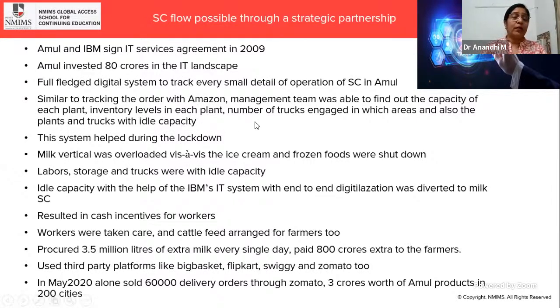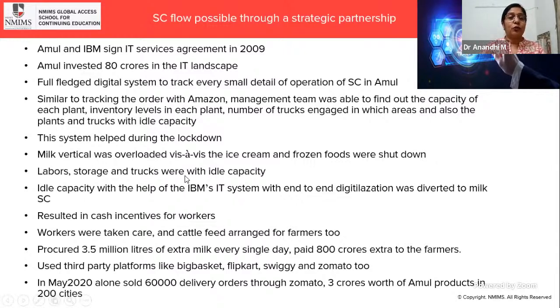So this system helped to a great extent during the lockdown, and that is where the milk vertical was overloaded vis-a-vis the ice cream and frozen foods. So that was shut down. Operations of ice creams and frozen foods were shut down, and those facilities were utilized for producing some other milk products, which were high in demand.